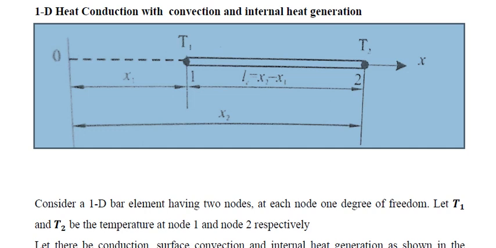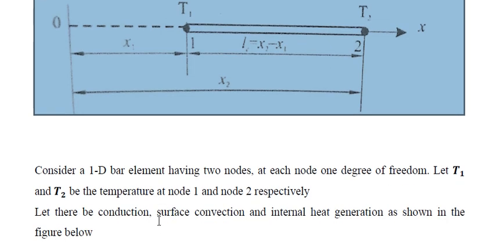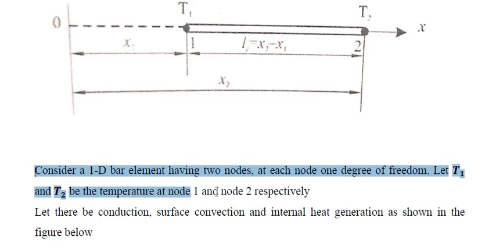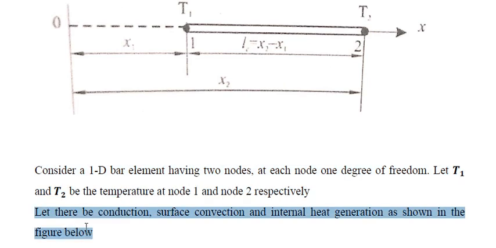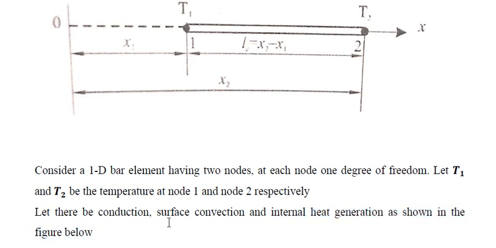As usual, let us assume we have taken a 1D bar element having T1 and T2 as the nodal temperatures at node 1 and node 2 respectively. Let there be conduction, surface convection and internal heat generation. Internal heat generation is also given.